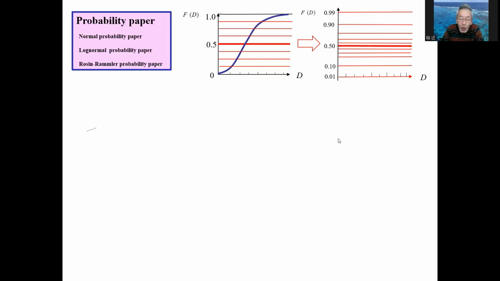Here, 0.01 and 0.99 are used for simplicity instead of 0.001 and 0.999. As I mentioned just now, if the size distribution in the left graph is normal, it becomes a straight line on the right graph.